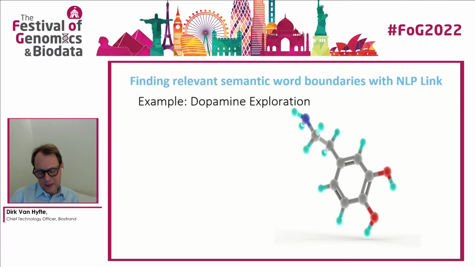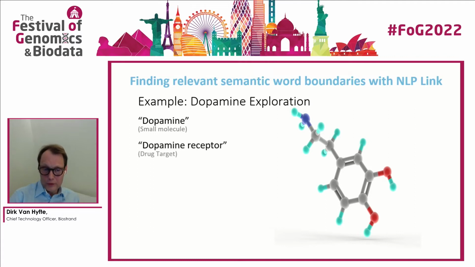And let me explain why it's so important to grasp these semantic word boundaries with the following example. Let's suppose you are looking for dopamine. So dopamine is indeed a small molecule, it's even a neurotransmitter in the brain. But there exist also other words that contain the word dopamine. For instance, dopamine receptor. And so it could be a very specific receptor in the brain that is working with this neurotransmitter.